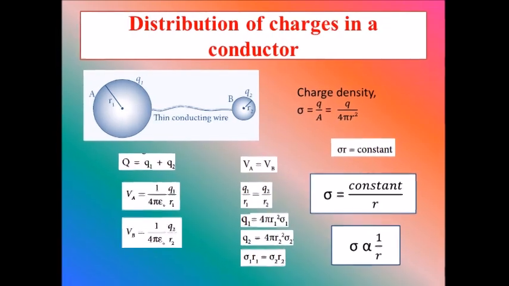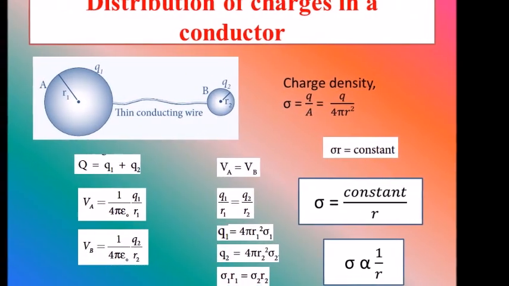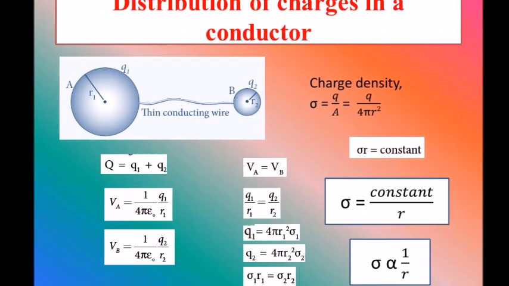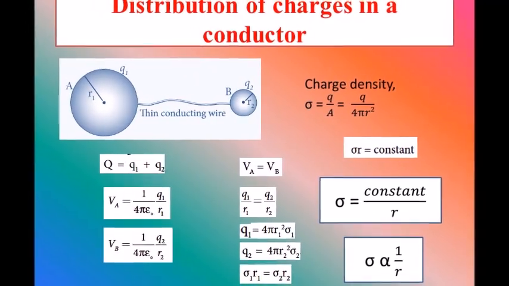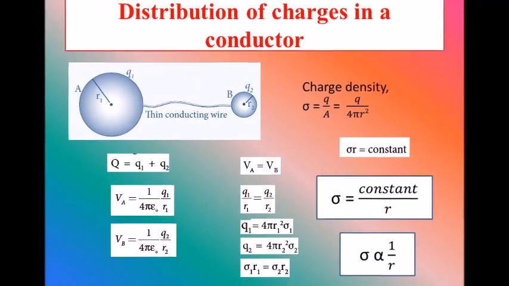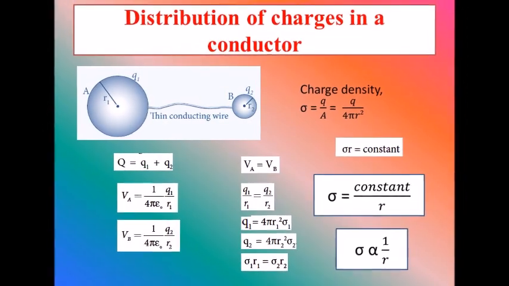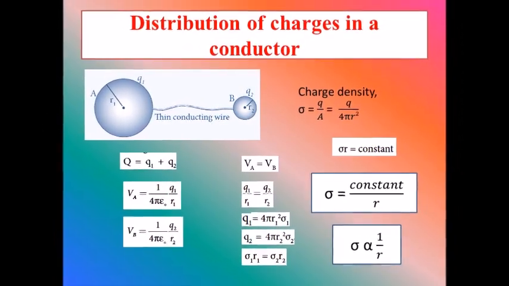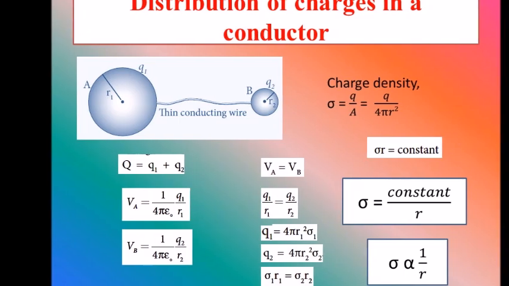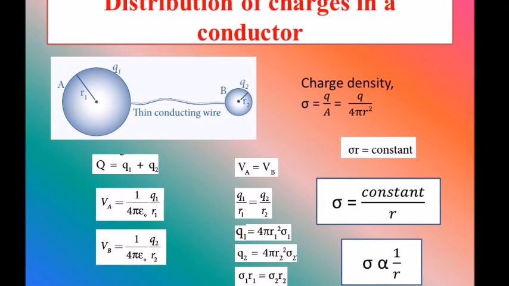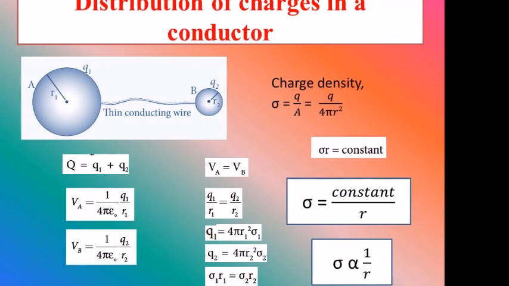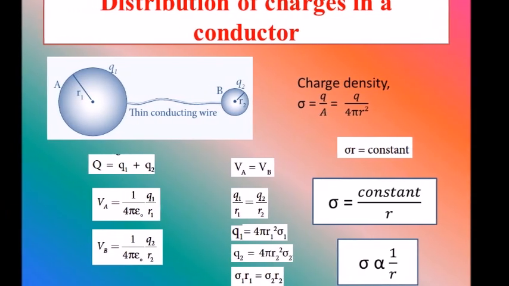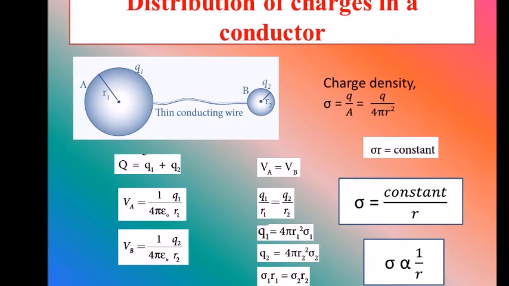Rearranging this, finally you will get sigma 1 R1 equals sigma 2 R2. Rearranging this, you get sigma r equals a constant. When you bring that r to the right hand side, sigma equals constant divided by r. So sigma is inversely proportional to the radius.